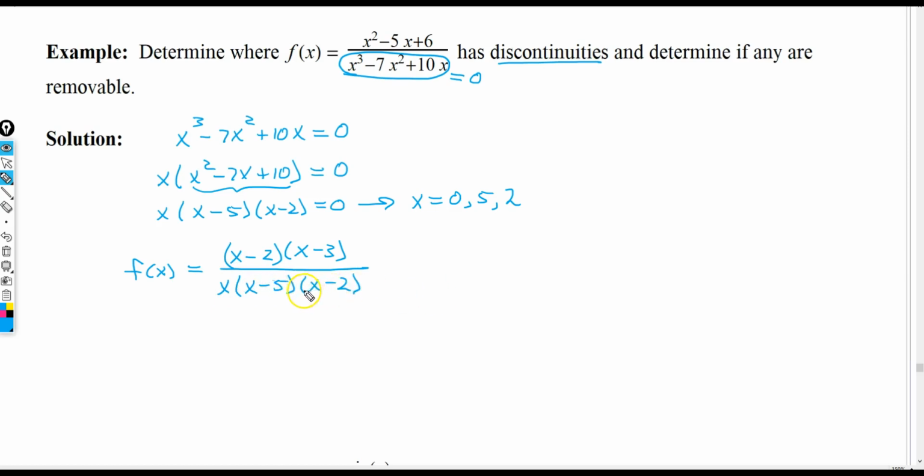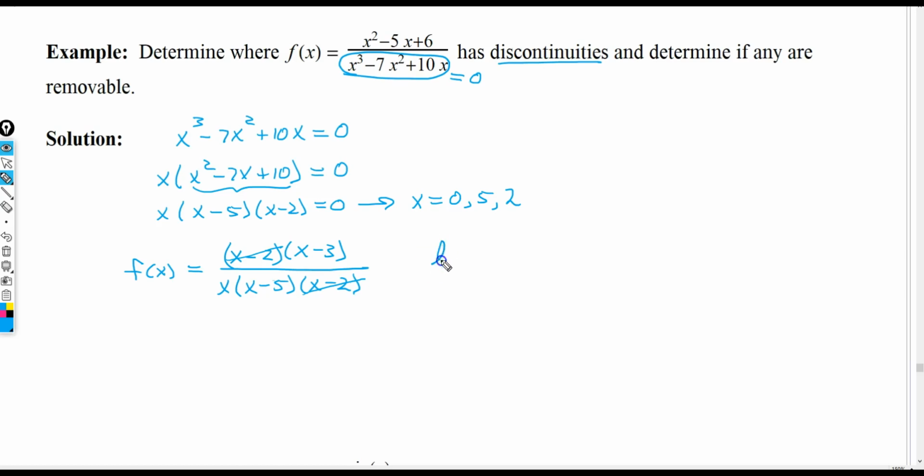Now we see here that the x minus 2's cancel. That's going to indicate that 2 is a removable discontinuity because they cancel. And more precisely, it also indicates that the limit as x approaches 2 of f of x exists. Because of this cancellation, that limit will exist.